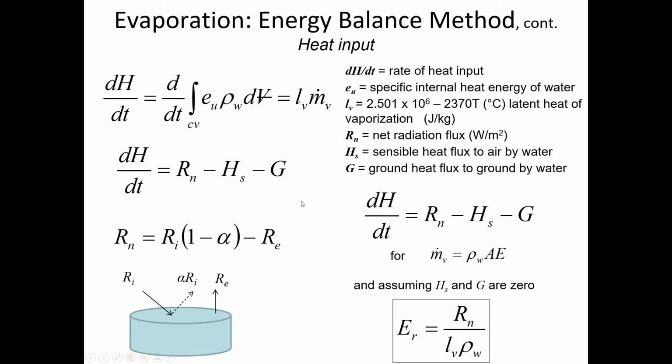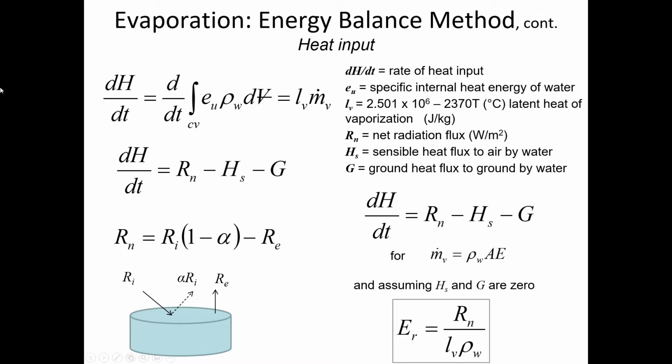I don't think it's necessarily important for you to memorize all of the details that lead us to this equation, but it is interesting and worth reading through section 7.3 of the book. You probably remember from fluid mechanics when we talked about the Reynolds transport theorem and putting a control volume around an element and keeping track of things that go in and out.